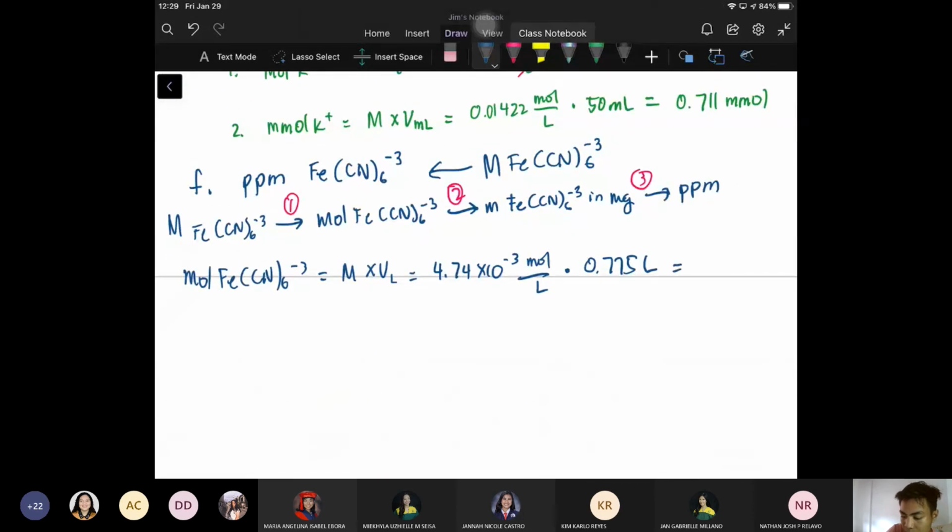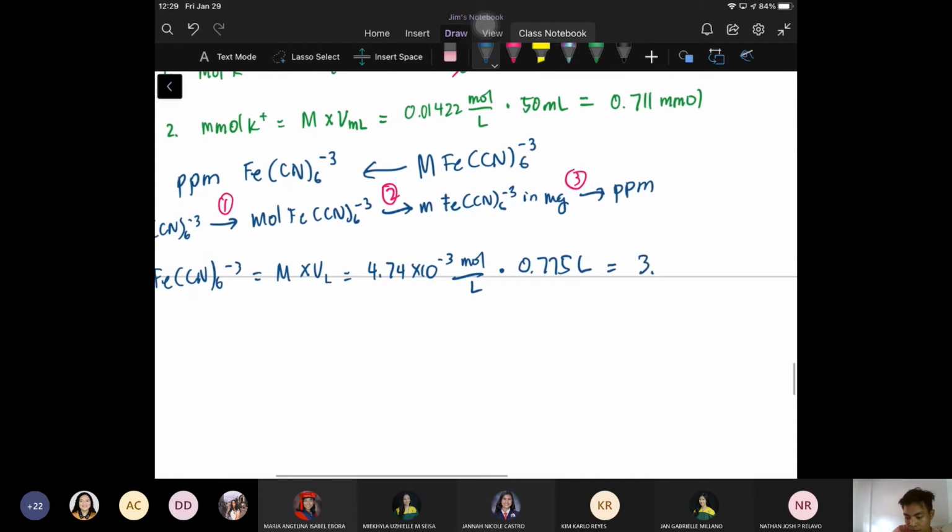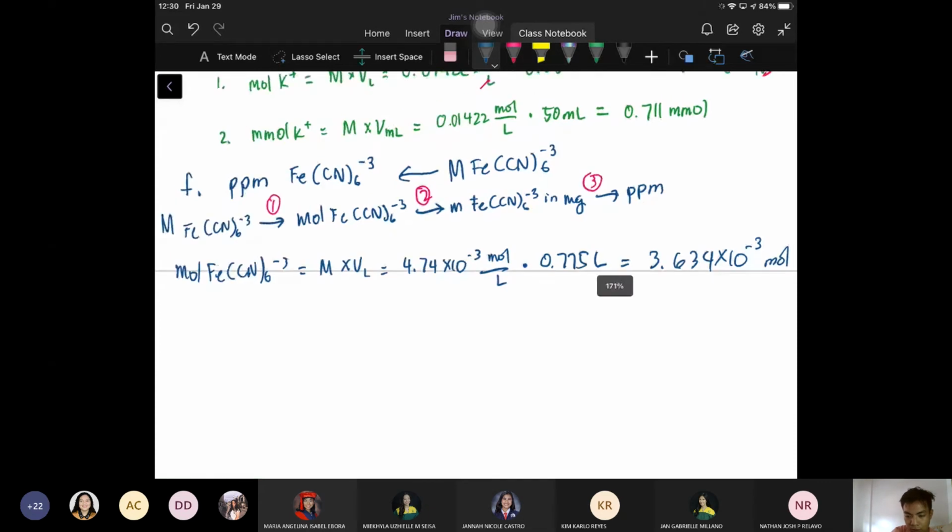Multiply natin yung dalawa. So that will be 3.634 times 10 raised to negative 3 moles. Okay, so that's the mole of FeCN6. So yan yung moles niya.